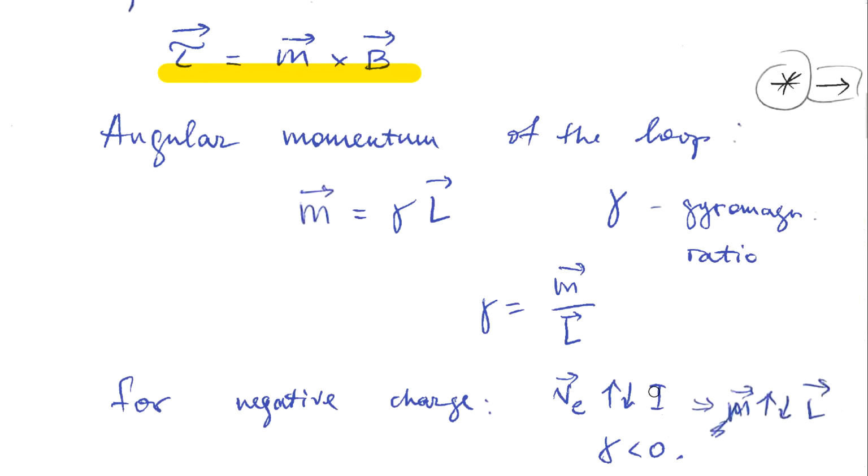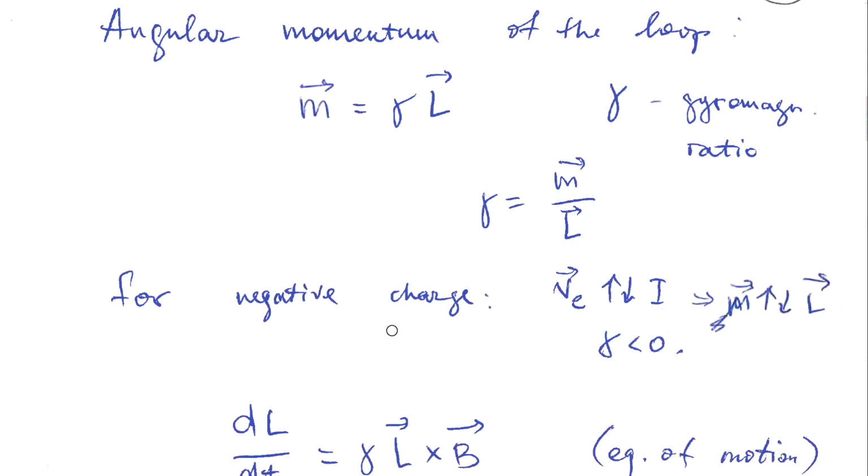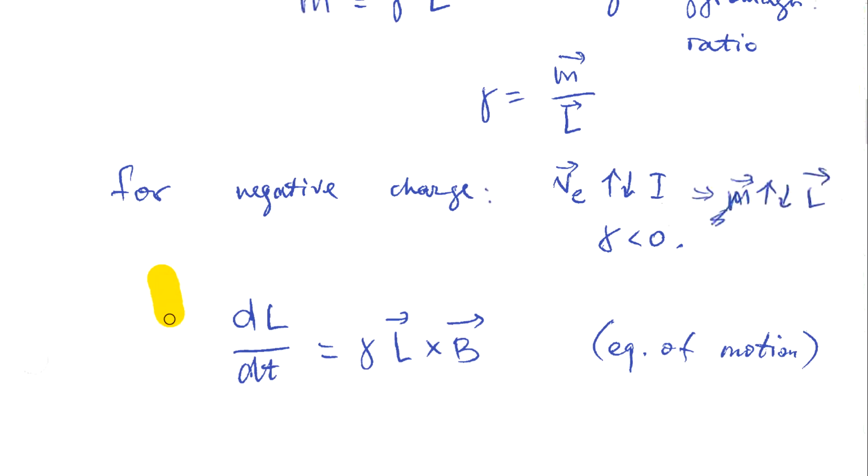For a negative charge, there are different things about having M collinear or opposing L. But for electrons, M has the opposite direction to L. Okay, and if we substitute this M here and relate torque to angular momentum, then we will get this equation here.